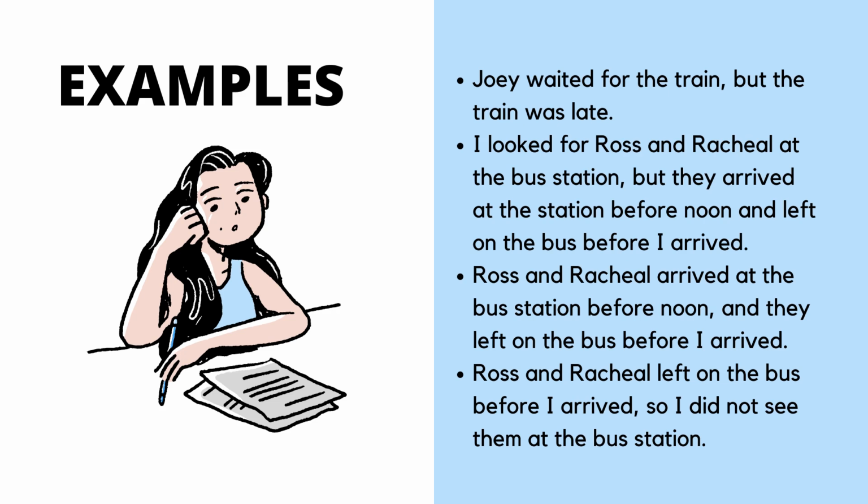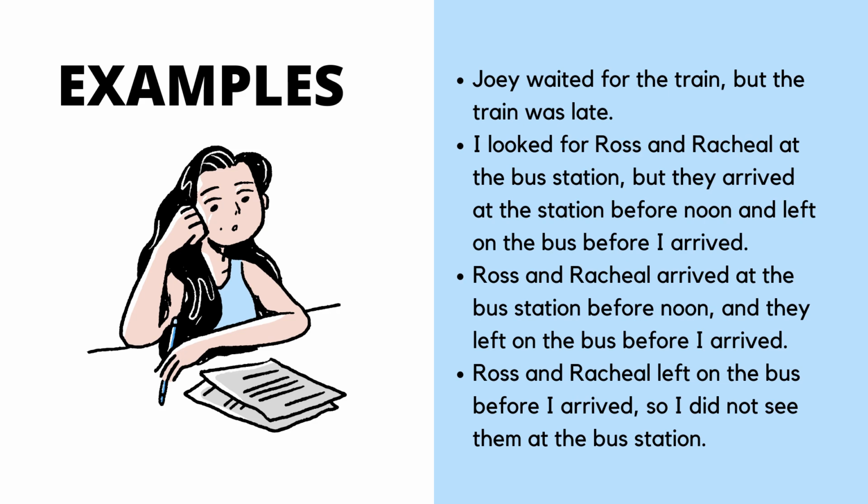Here, I looked for Ross and Rachel at the bus station is the independent clause, and they arrived at the station before noon and left on the bus before I arrived is another independent clause. Both are connected using but again.